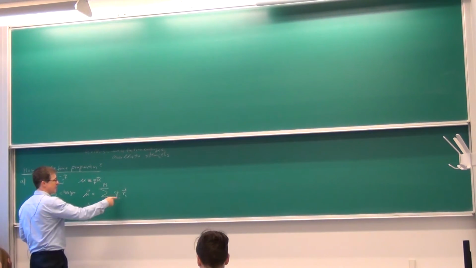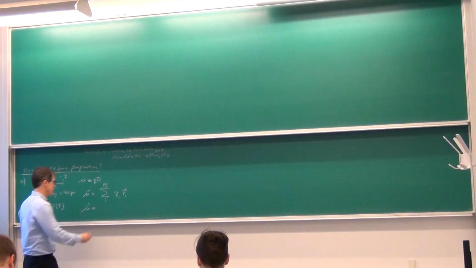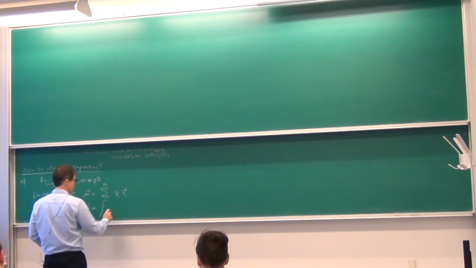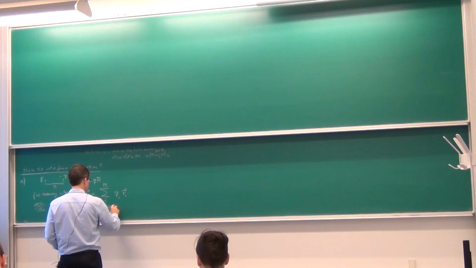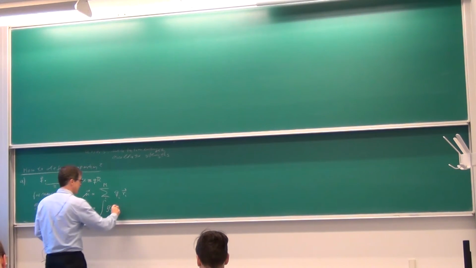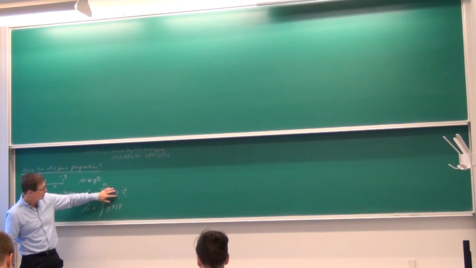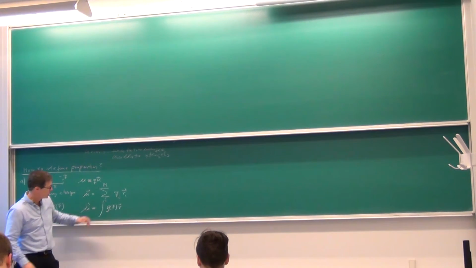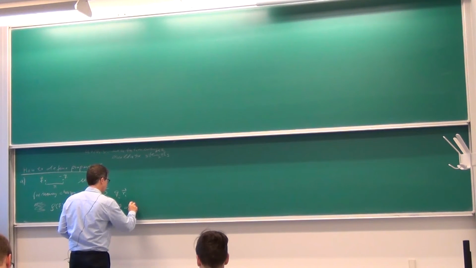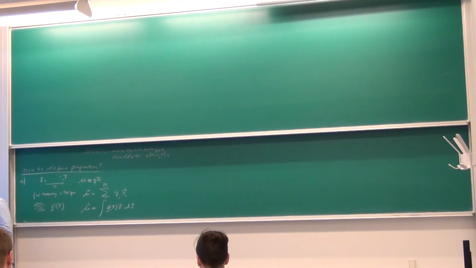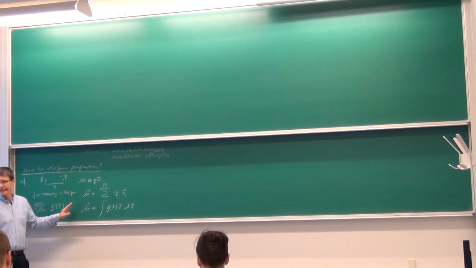So instead of summing over all the individual charges, we just integrate over the charge distribution now, and then times the position. So instead of having the sum over Q, we have now the integral of the charge distribution, dr. And that is still classical.